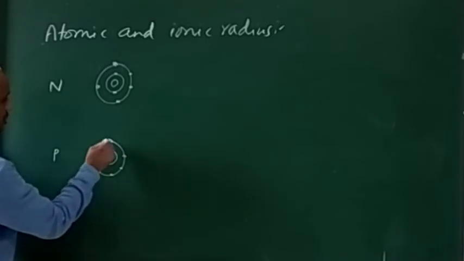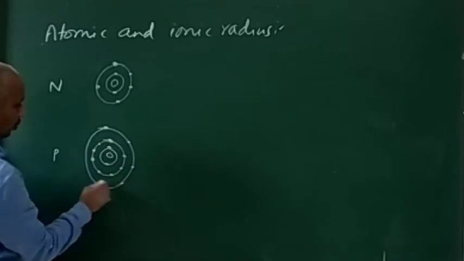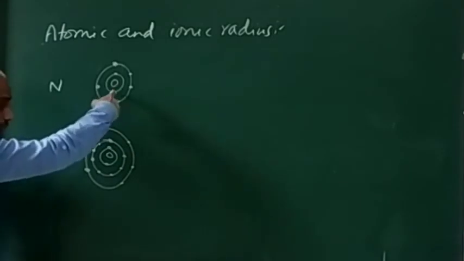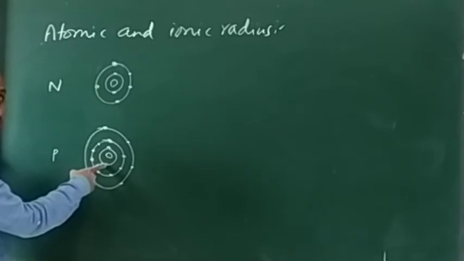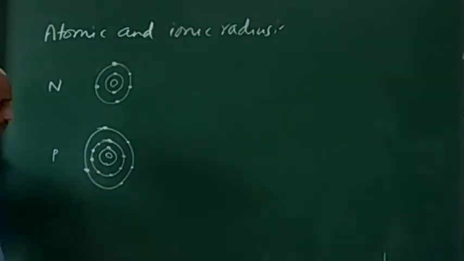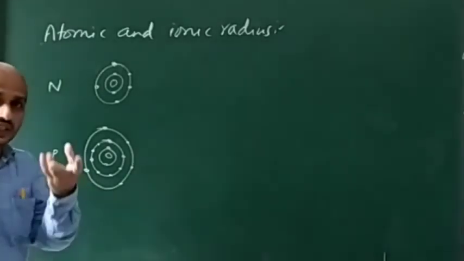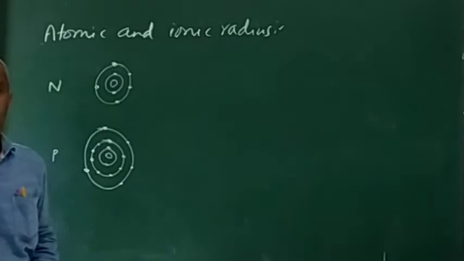Phosphorus is 1s2, 2s2, 2p6, and so on. See, in nitrogen or phosphorus, there are no d or f orbital electrons. You studied one thing first: d or f electrons are poor shielders of valence shell electrons.